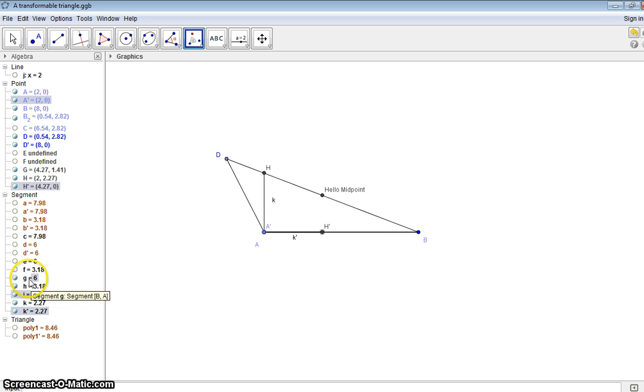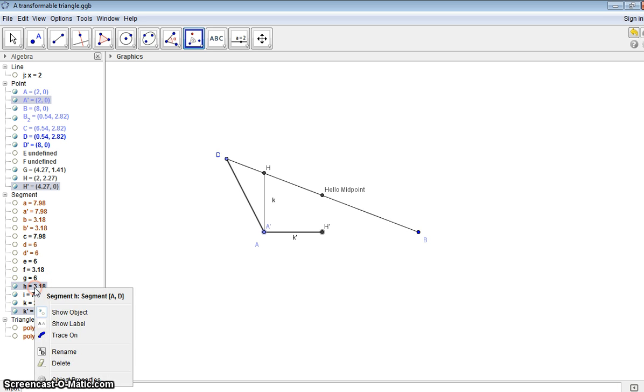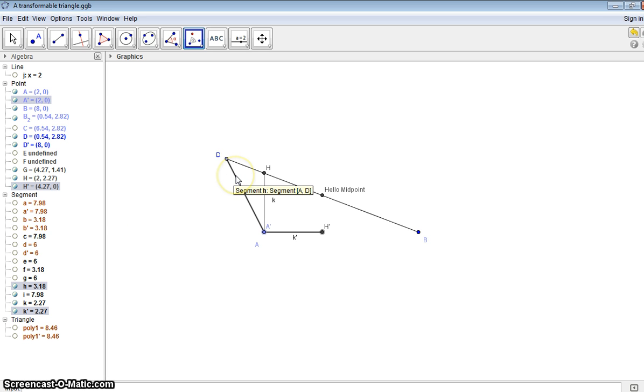And I can even do that over here. Show object, turn it off. By right clicking, I can even find segment H over here and just unhighlight the box to turn it off.